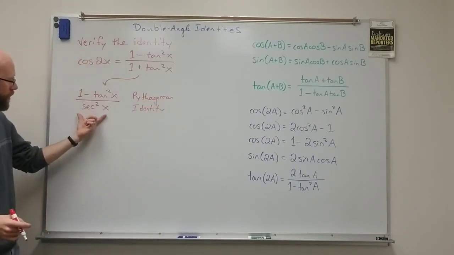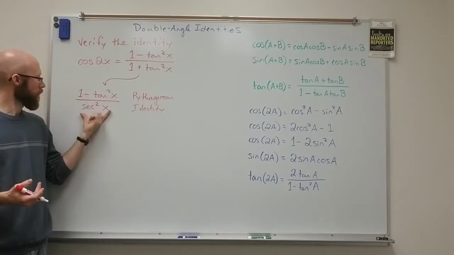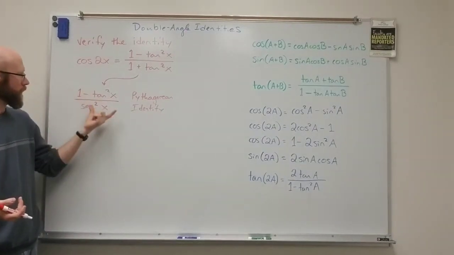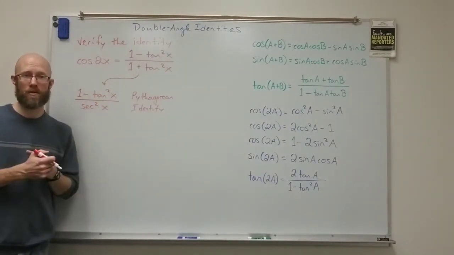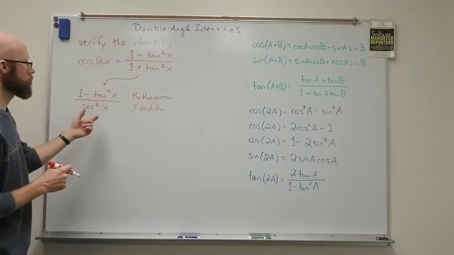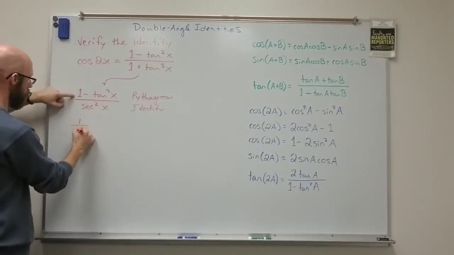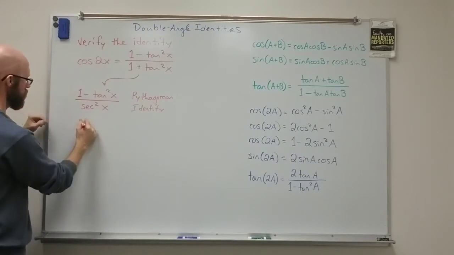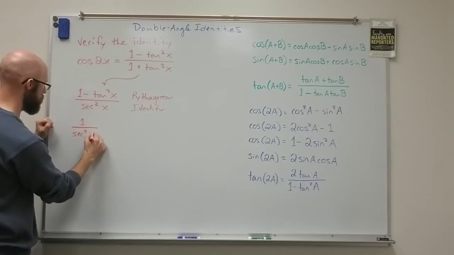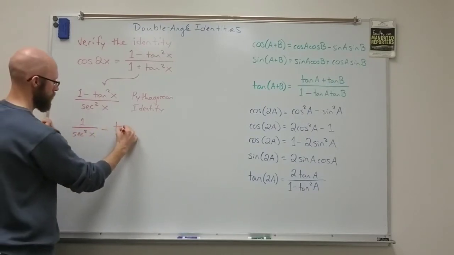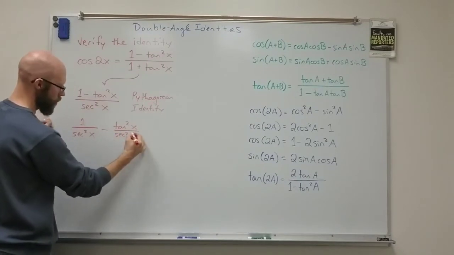Okay. Now when I have one term in a denominator, I usually like to split that up to the numerator and try to simplify each fraction separately. That might move us forward from there. So let's go ahead and do that. Let's split that up and call that 1 over the secant squared minus the tangent squared over the secant squared.